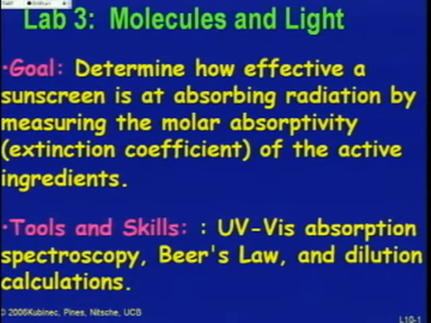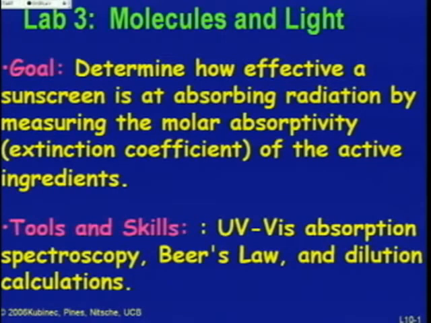What wavelengths would you need to measure the absorption of these ingredients of a sunscreen? What kind of radiation would that be? UV radiation, okay? And there are several kinds of UV radiation, so you can't see it with the bare eye, but it's going to zap you, okay? So you need UV-visible absorption spectroscopy.